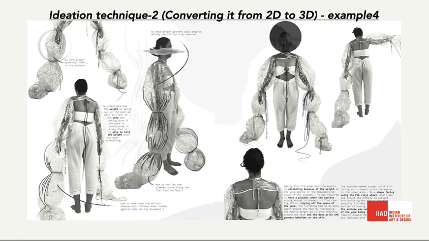Prototype and fitting with realization of the final output, you can see on this slide. So this is how the final thing looked. This is like a final finished shoot of his garment.